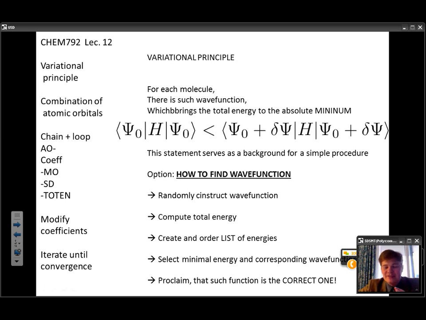There is a theorem that for any change of ground state wave function, the total energy will be bigger than ground state energy. So it is a more mathematical approach to look at these things, but it is one of the cornerstones for Hartree-Fock theory and for several other theories used to find electronic structure.